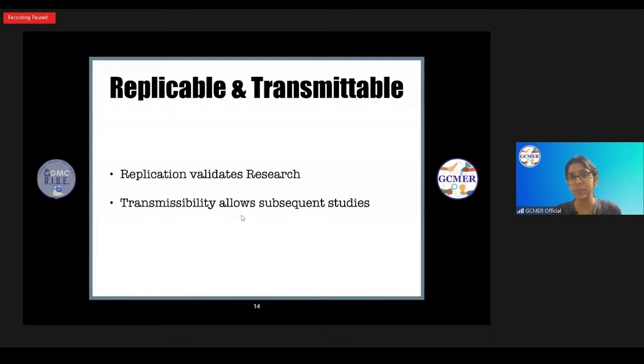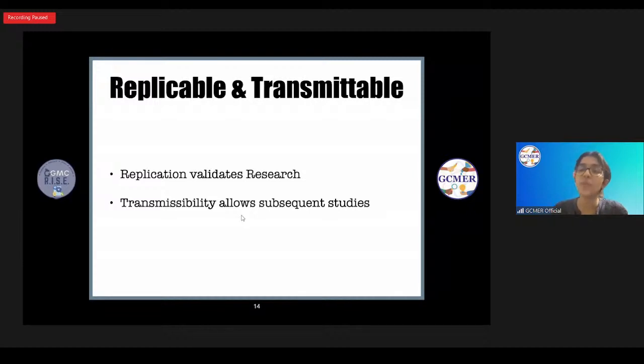Now, what do I mean by transmissibility? Transmissibility is presenting your research in conferences, publishing your research in journals. That's what transmissibility means. And that allows subsequent studies. If there weren't these studies which you found in your literature search, by which you came to how to choose a research topic, you wouldn't be doing that research, right?